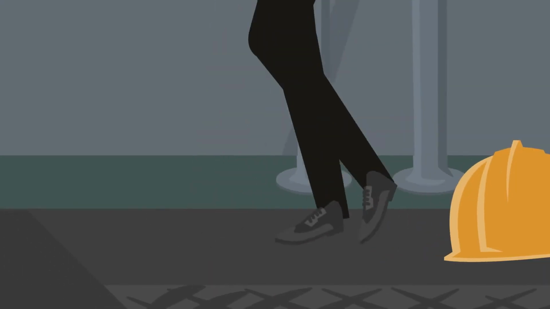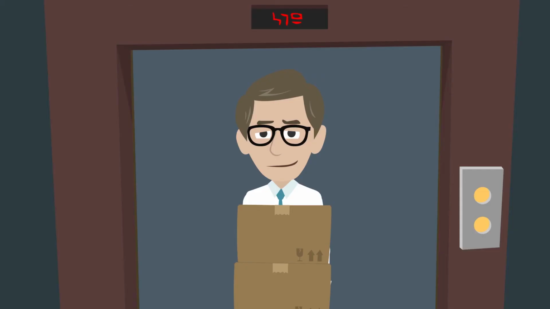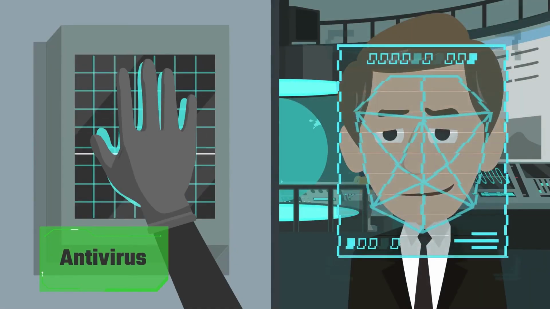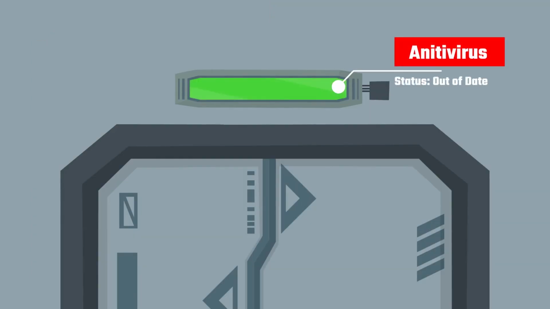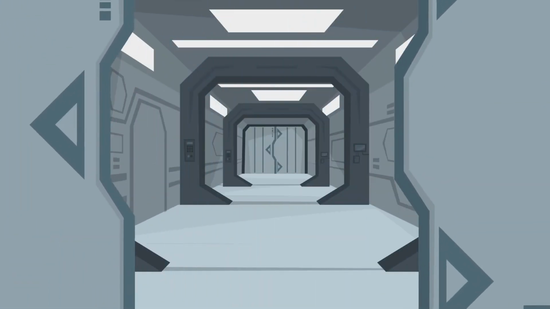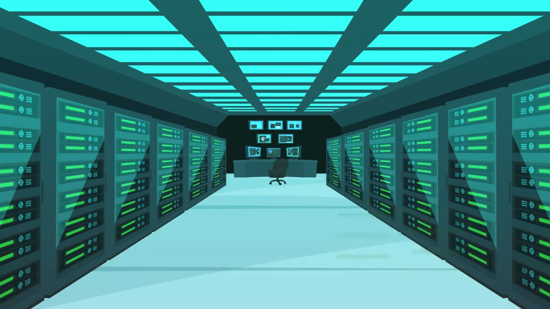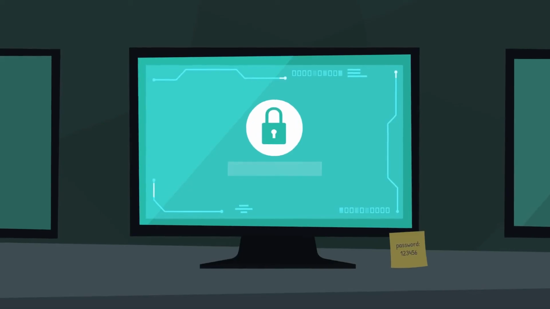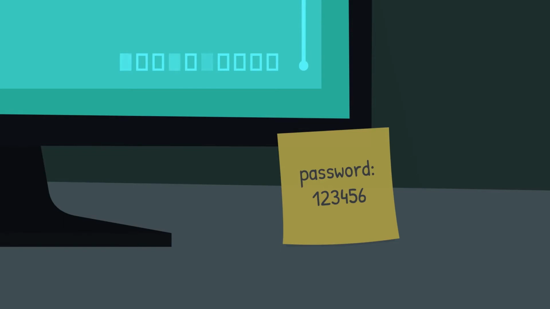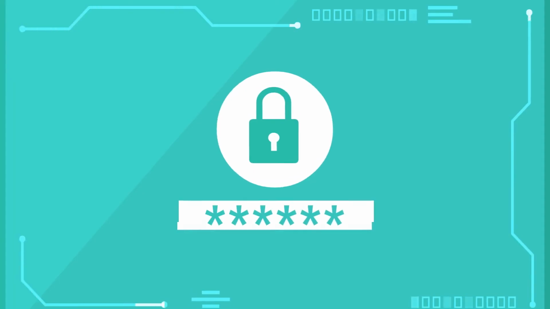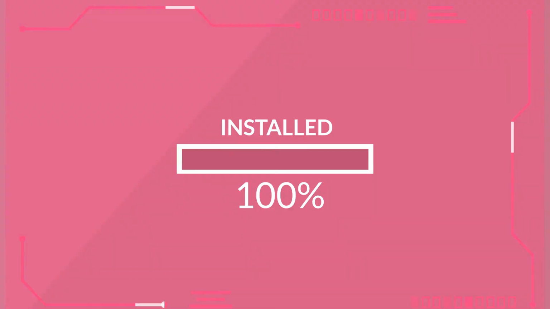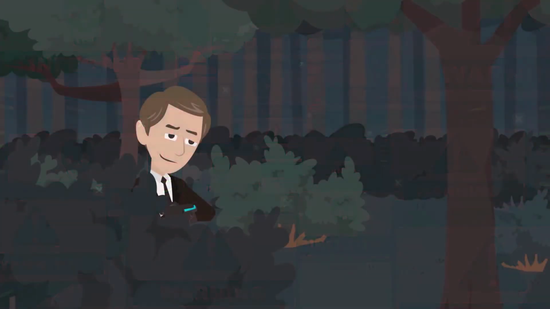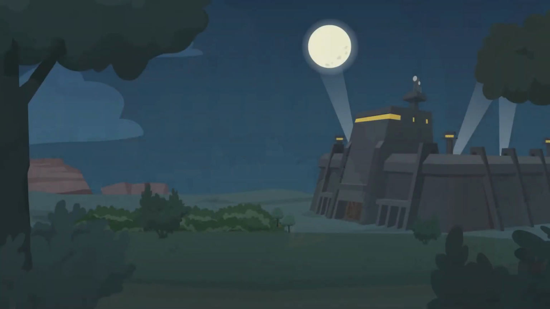Your friendly disguise should protect you from being noticed. And the antivirus system is out of date, so you should slip past easily. Next, find the application center and do your work quickly. Install the virus. You may find the computer password protected, but you can usually see the password written down nearby or make an easy guess. Once installed, the virus will spread immediately. Get out before anyone notices. Good luck. I look forward to your update.